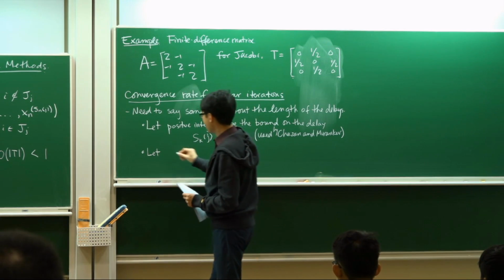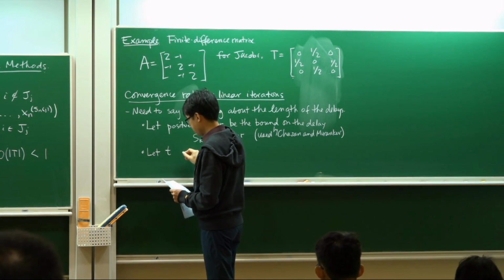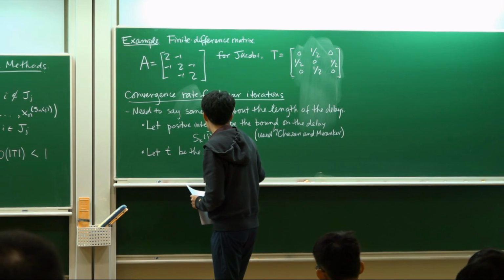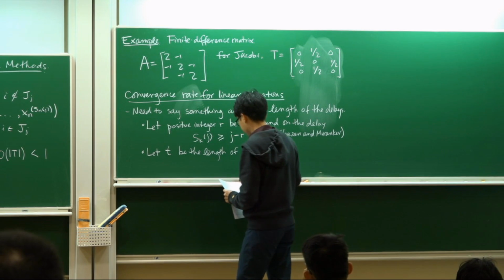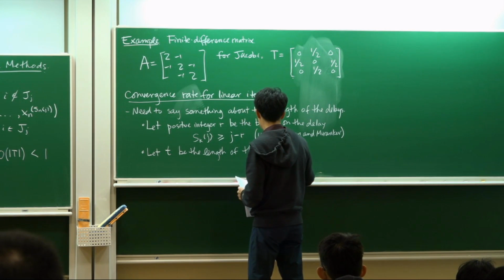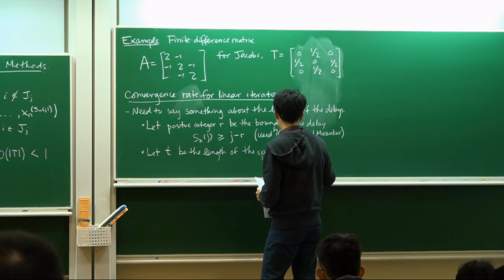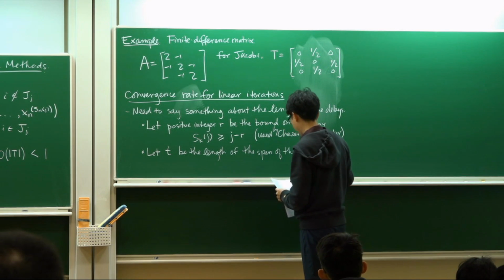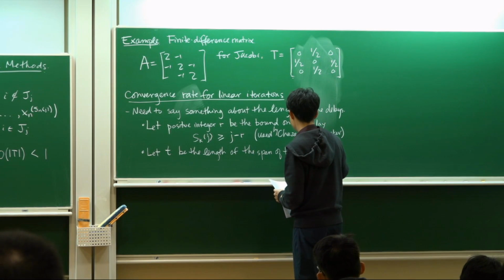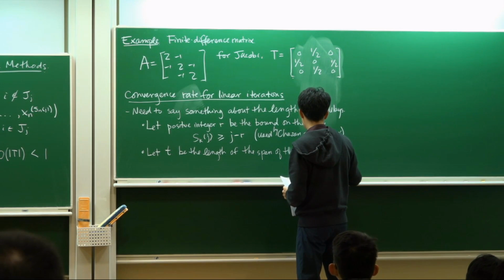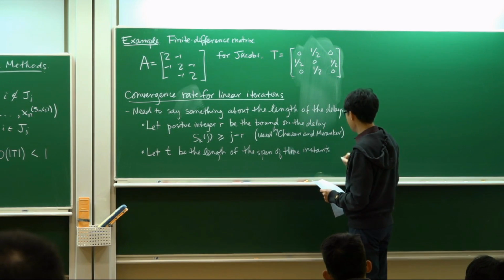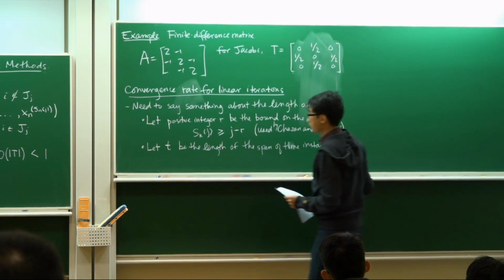So let this quantity t be the length of the span of time instances where all rows are updated.